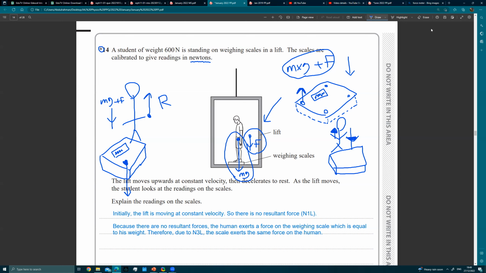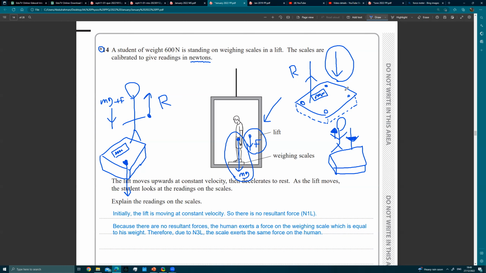The reading on the scale is the force you exert on the scale, and the force you exert on the scale is the force the scale will exert on you. That's why we talk about it in terms of the reaction force. But you could have said the reading on the scale is the total force exerted on the scale. That's also correct. It just makes more sense to refer to it as the reaction force.